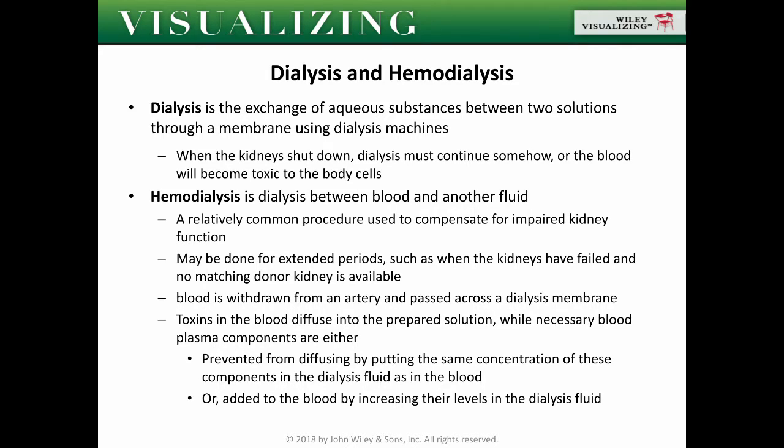So in cases where the kidney cannot filter well, a machine must be able to take over the role of that kidney. In hemodialysis, the blood is withdrawn from an artery and passed across a dialysis membrane.